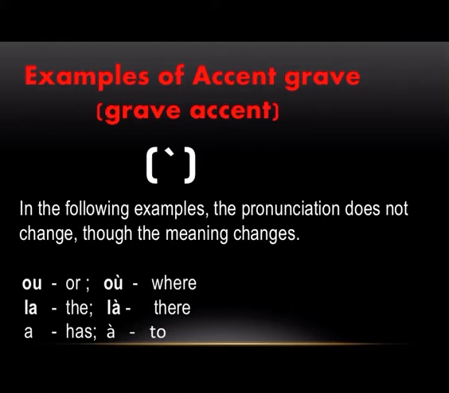A without an accent means has. A with an accent over A means to. So you can see that grave accent over U and A changes its meaning, but the pronunciation remains same.